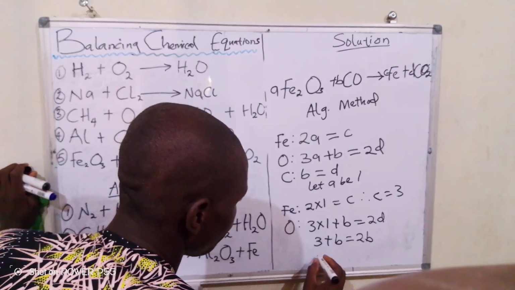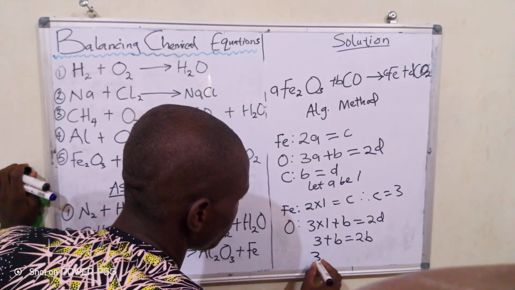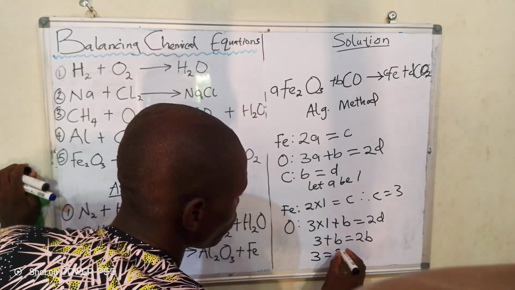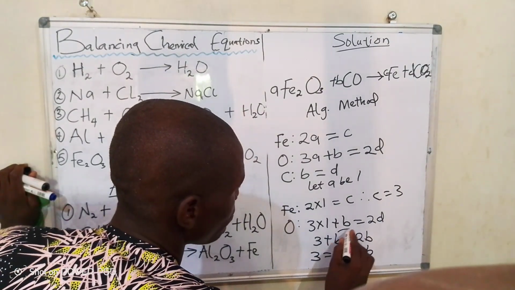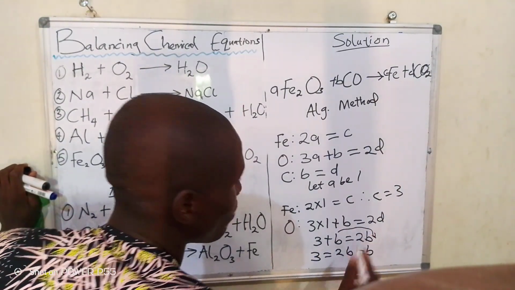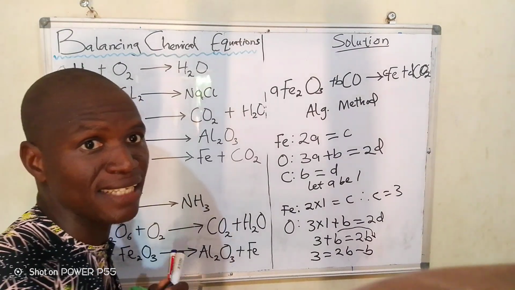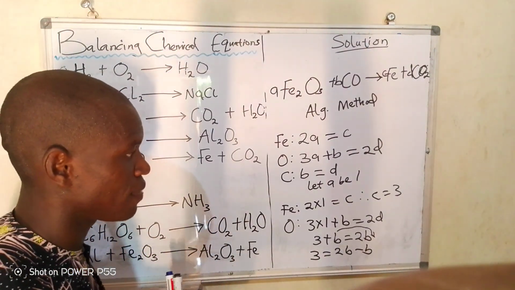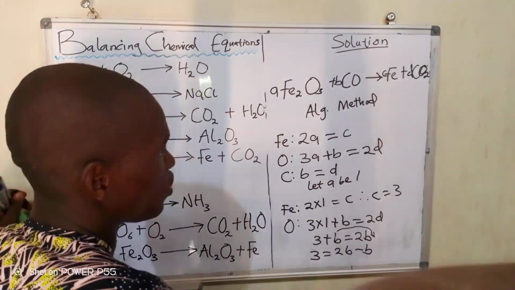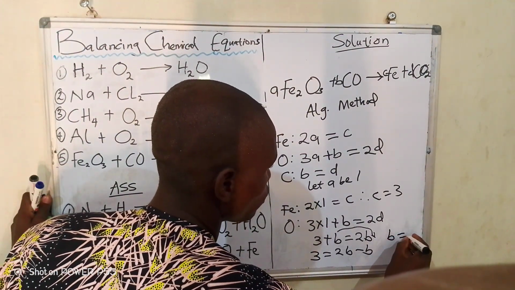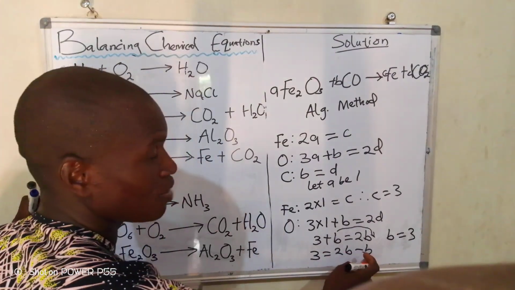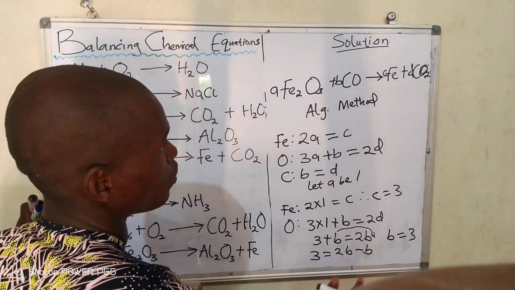So from here, I would have 3 is equal to 2B minus B. As usual, if I move this to the other side, it will become minus because it's crossing the equality sign, just like in our normal mathematics. So with this, you can see that B is equal to 3 because 2B minus B is B. So our B is equal to 3.